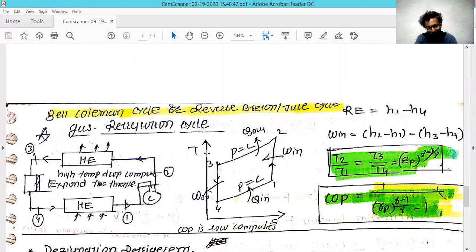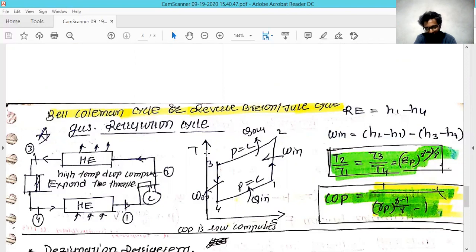Instead of the capillary tube, we are going to use an expansion device where the work output takes place. Anyway, you are going to expand that refrigerant in this device.